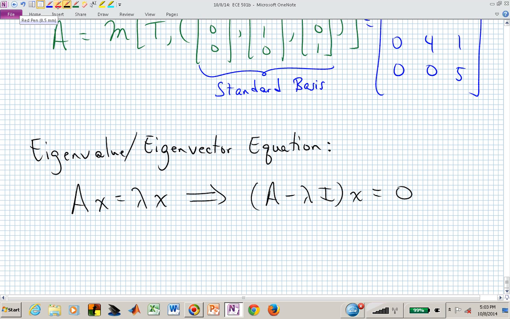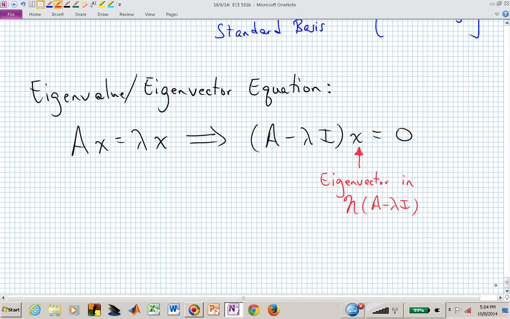And another way of thinking of that is this eigenvector X is now in the null space of this matrix A minus lambda I.